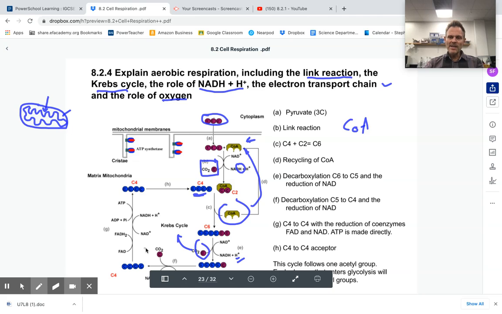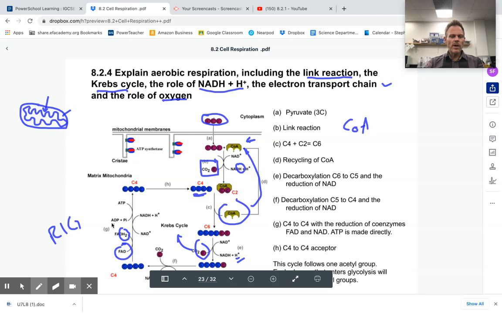At the very end here, we have a different molecule that comes on. FAD is reduced because it's gaining, OIL RIG, right? It's gaining a hydrogen here.